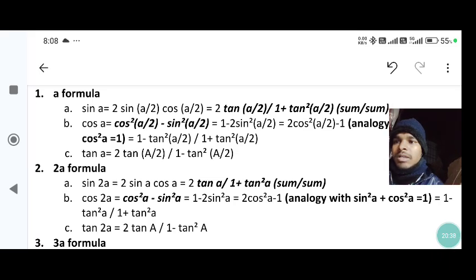And cos 2A is also equal to 1 minus tan square A divided by 1 plus tan square A. It is in the form of difference by sum.